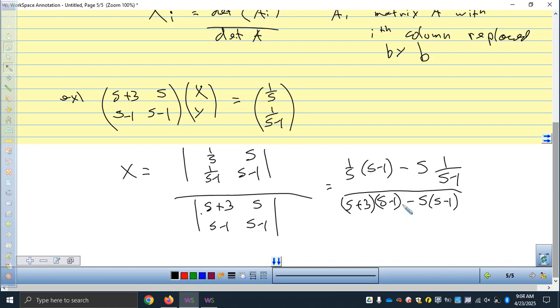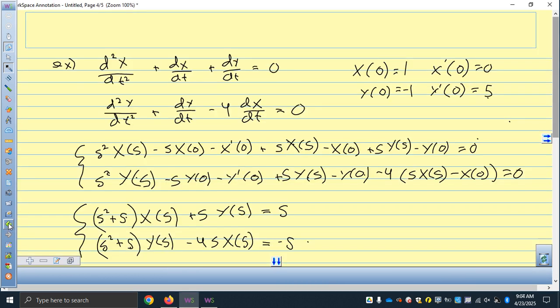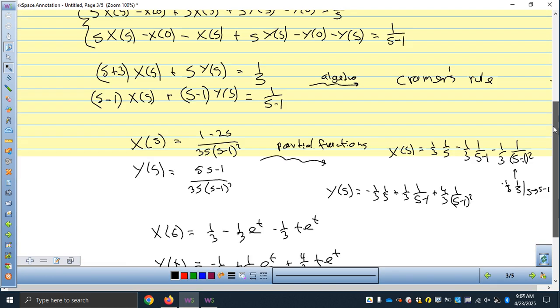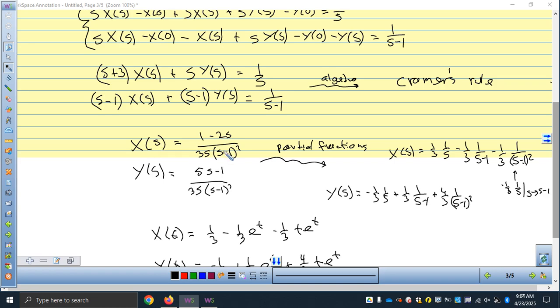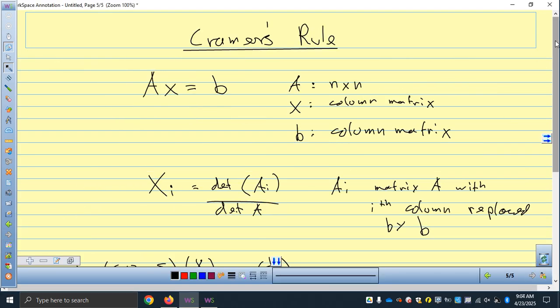And then we simplify this, and you'll see if you simplify this, you end up with what we wrote here for x of s. And notice the denominator is the same for both x of s and y of s. Well, that's the determinant of the matrix A. If I go back here, that's this determinant.